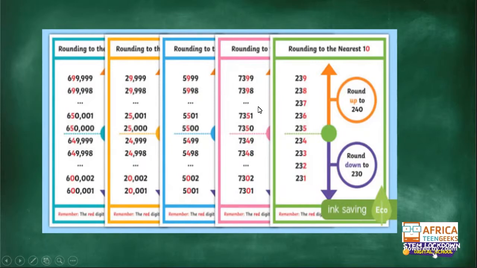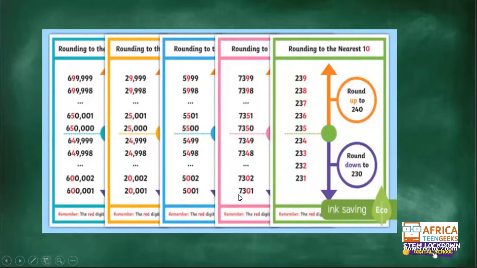All those numbers will be rounded up to the nearest 100, right? So we will have 7,400. Starting from 7,350 right up to 7,399, those numbers will be rounded up to 7,400. We are rounding off to the nearest 100.